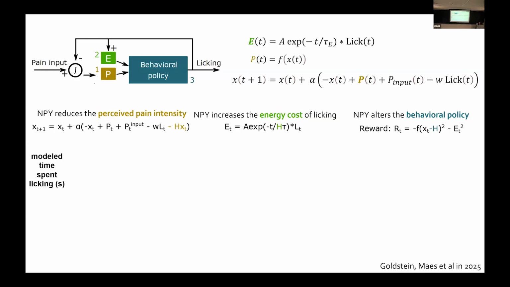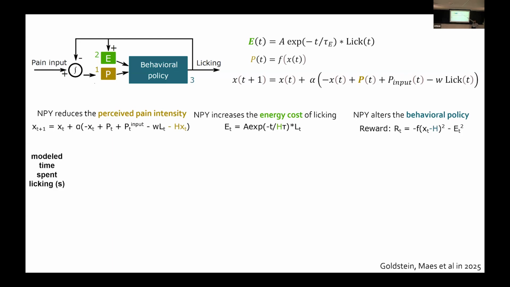But the basics of the model are that when you produce a lick bout, your effort increases by some amount and then decays over time with some time constant tau. Your pain is this integrated signal passed through a nonlinearity so that basically your pain saturates at some point. You can't just become infinitely more in pain forever.